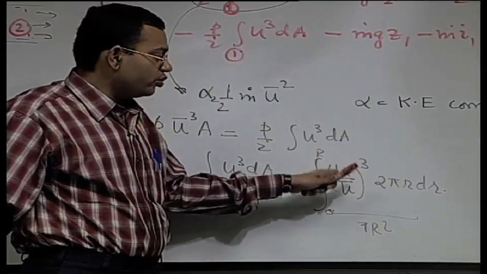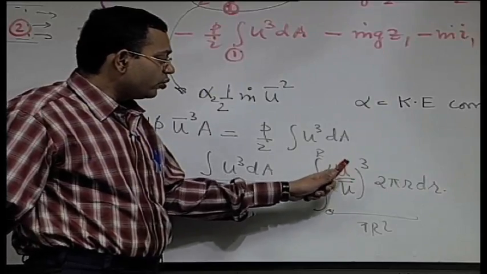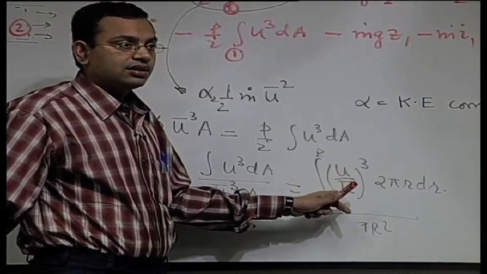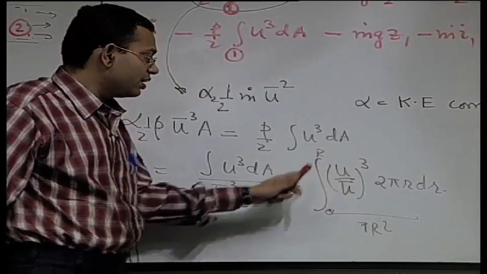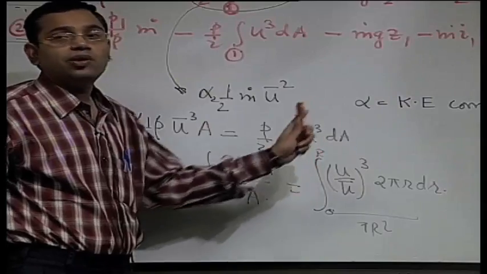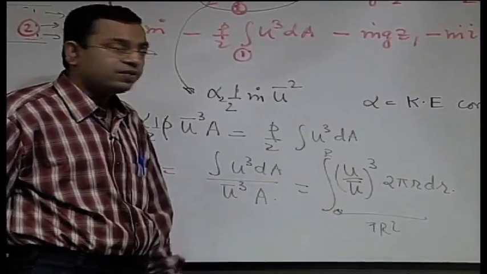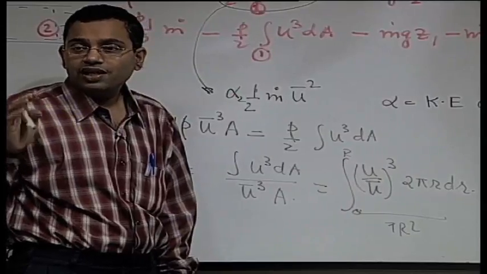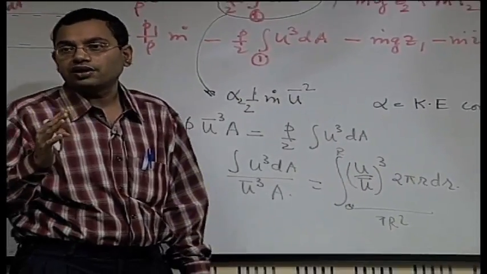The velocity u deviates from u average significantly more for laminar flow, so you will have a more significant deviation of this one from 1. If u was equal to u average throughout, then the kinetic energy correction factor would be 1. If it slightly deviates from u average, then it will be very close to 1.